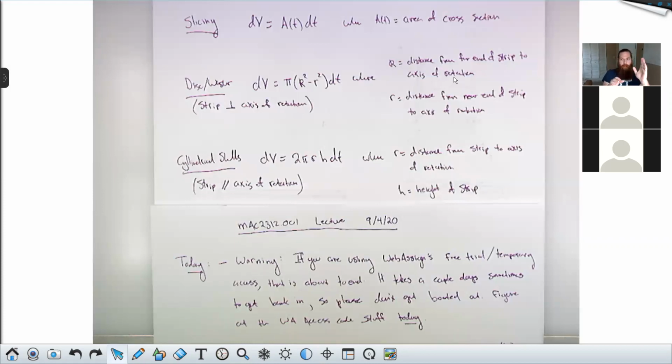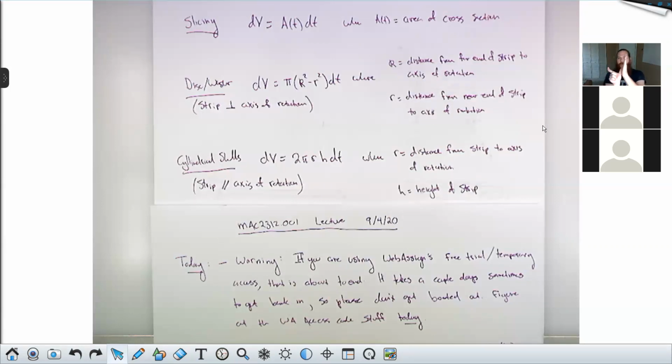So because your strip is perpendicular to the axis of rotation, maybe here's my strip, here's my axis of rotation, there will be a far end and a near end. The distance from the far end to the axis of rotation, that's always capital R. And little r is always the distance from the nearer end to the axis of rotation.